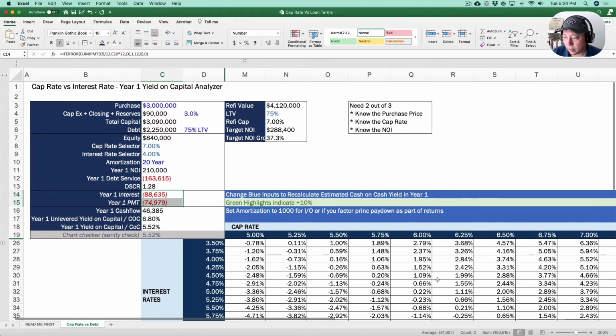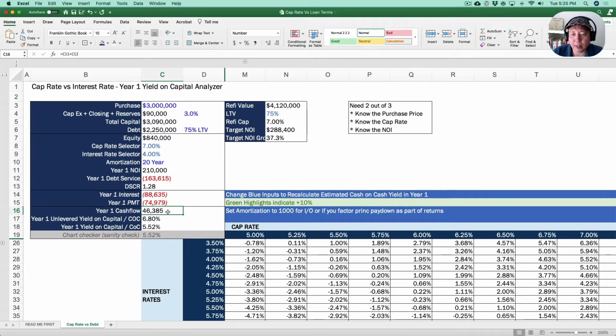If you put those together in the subtotal column, it should always equal your total debt service, because your debt service for year one is all of your interest and all of your principal paydown. So if you subtract the debt service from the NOI, you get your cash flow. Your cash flow is going to be about $46,385.